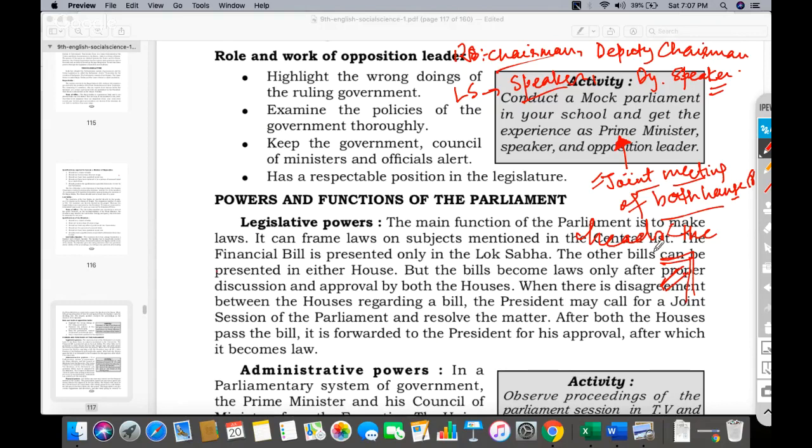It has to be one among chairman, deputy chairman, speaker, and deputy speaker. Now guess it.